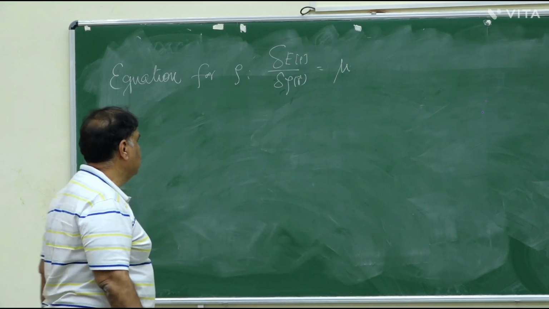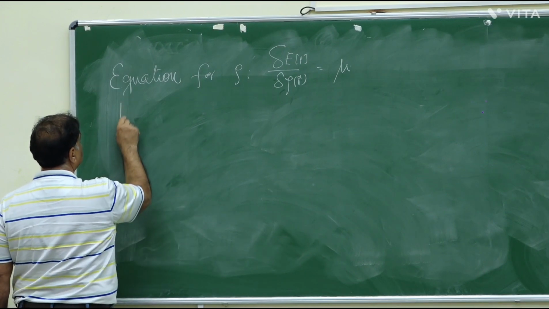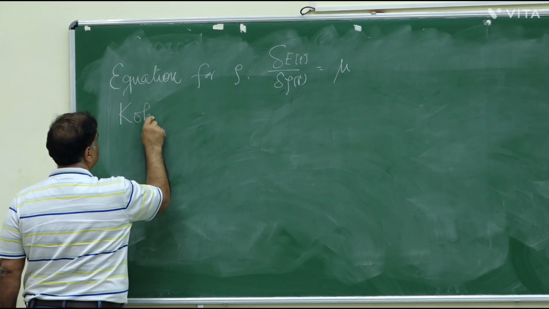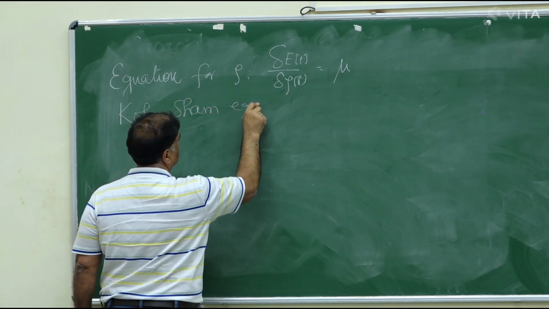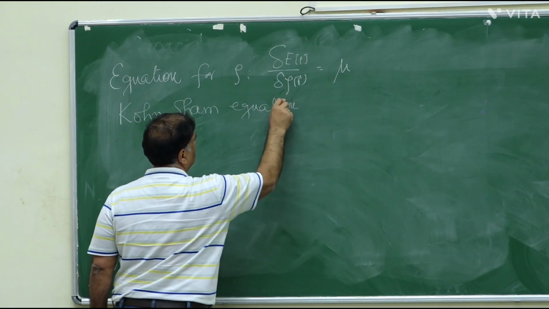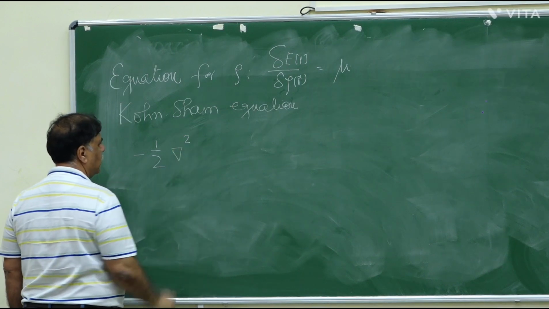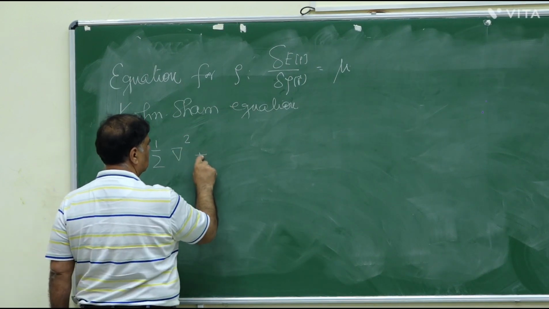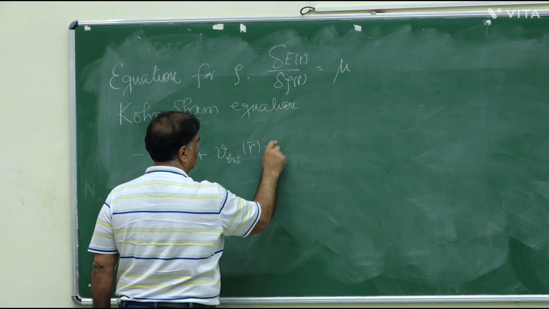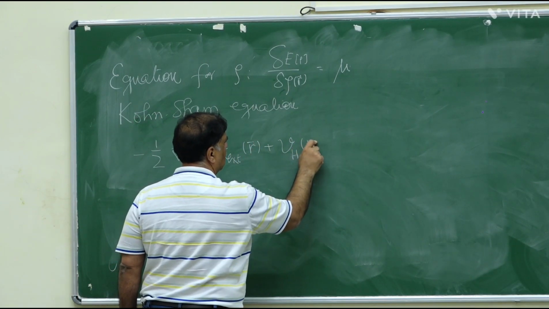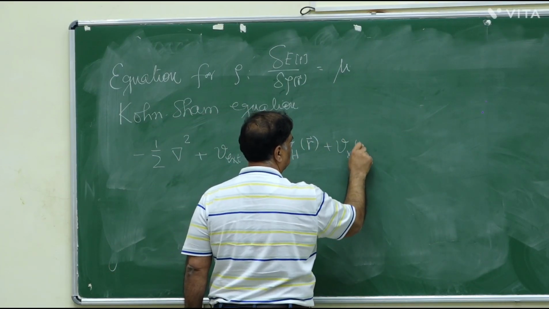And I had also said, and in fact discussed in quite some detail, that this can also be converted to the Kohn-Sham equation, which is minus 1/2 del squared plus the external potential plus the Hartree term plus something called the V exchange correlation of r.